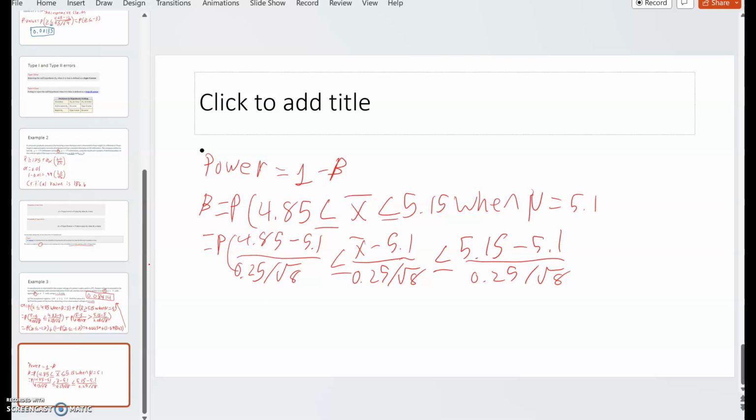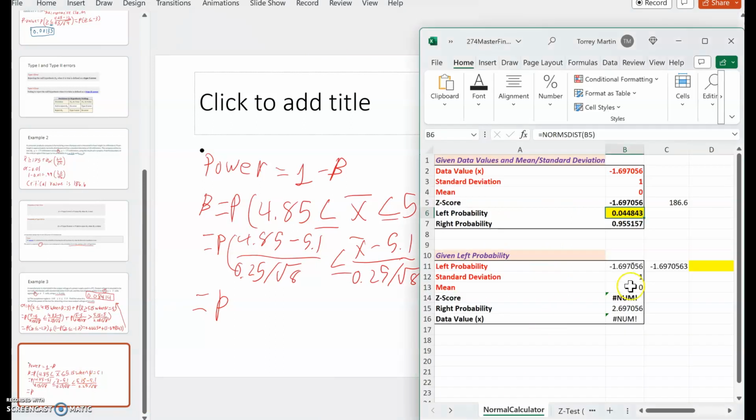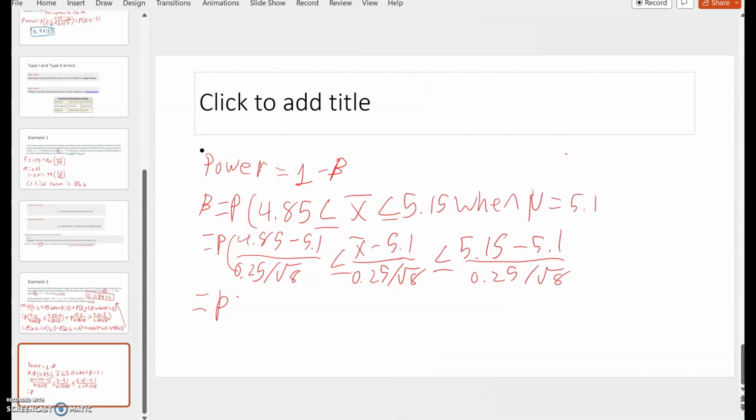Now, to calculate these, we can go through what I just made here. In this case, we're not doing 5, we're doing 5.1. So that will come out to, I'm just going to round to 3 decimal places, negative 2.83. So negative 2.83 is less than or equal to Z, right?